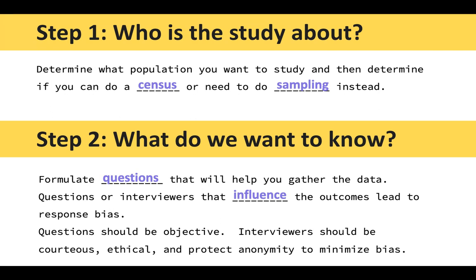We call that response bias. So questions should be objective, and interviewers should be courteous and ethical and protect anonymity, meaning we want to make sure the subjects are anonymous if possible, so they don't feel weird about answering one way or the other. And that's all to minimize bias, right?